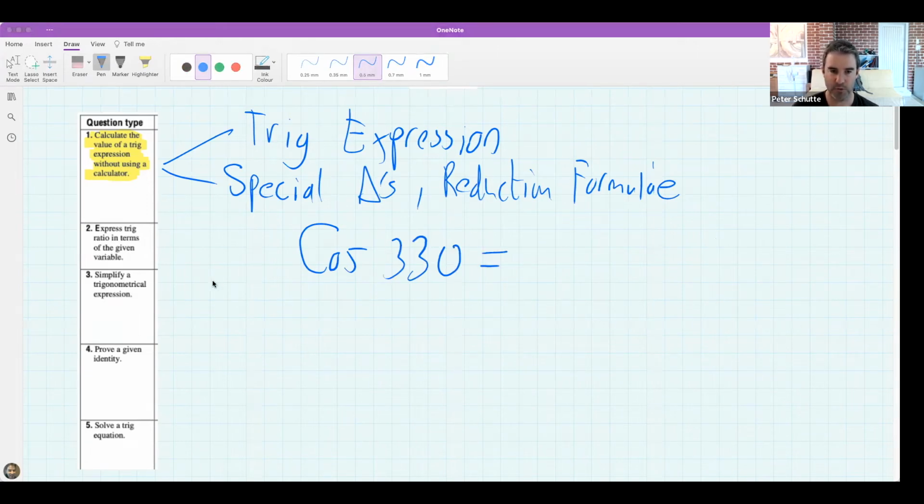The first step would be: what is the cos of 330 reduced to? So that's my challenge for you right now. Who would like to explain to me how I reduce the cos of 330 to an acute angle? That's step 1. And then step 2 is how do I evaluate it?